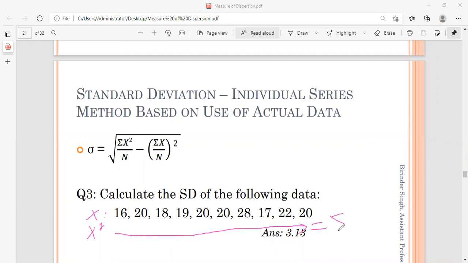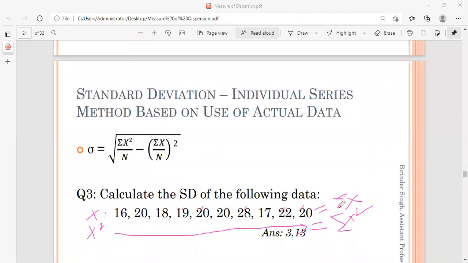That will be sigma X square. Similarly, if you add all these values together, that will be sigma X. And you already know the number of data points here: 1, 2, 3, 4, 5, 6, 7, 8, 9, 10.